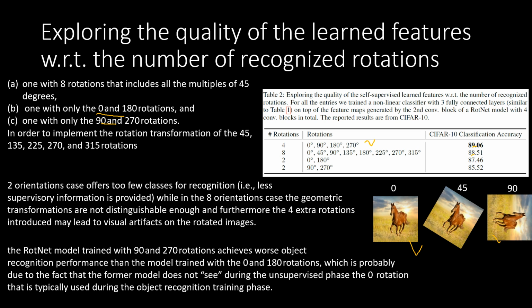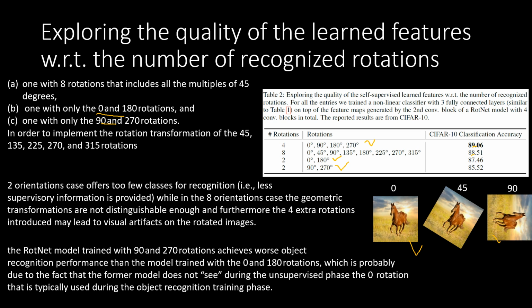And then the two orientation case also did not perform well, the reason being that there were very few classes, that is, the supervisory signal was really less. Among these two cases, the authors found that using 0 and 180 degrees is better than 90 and 270.